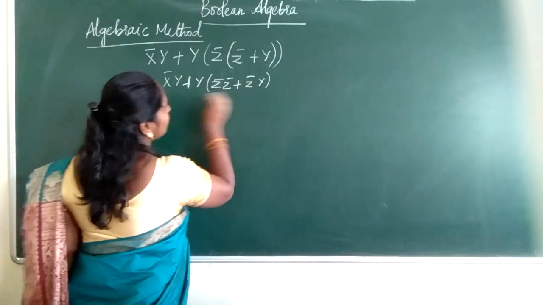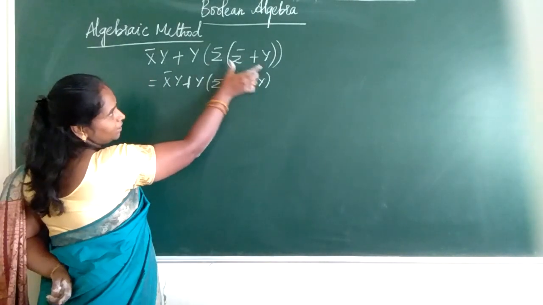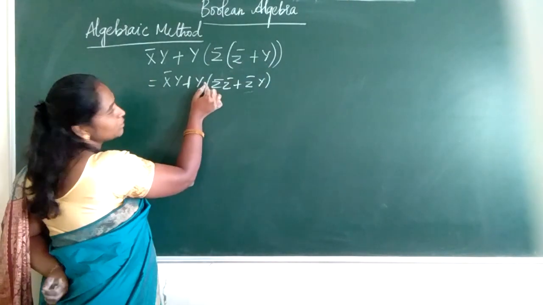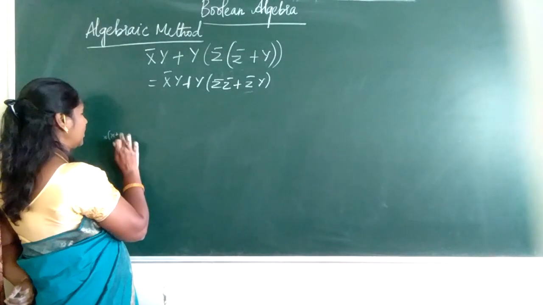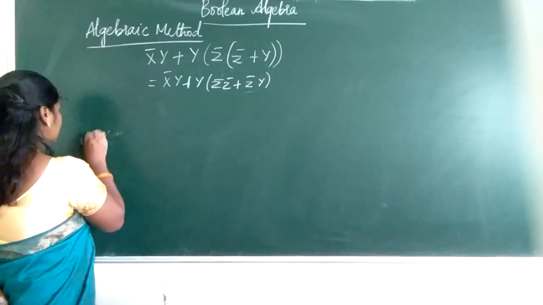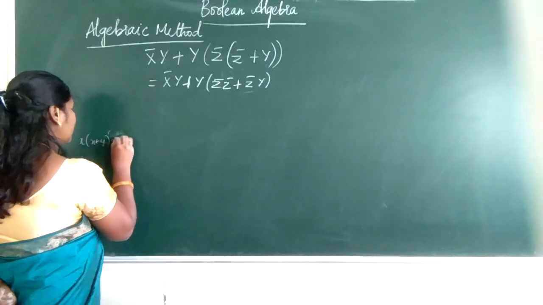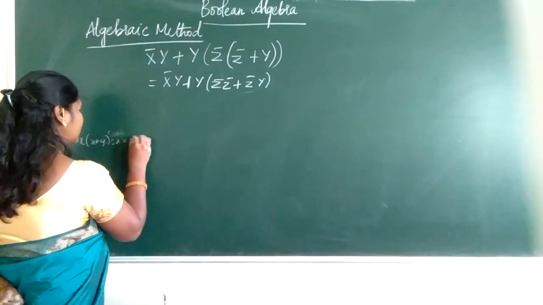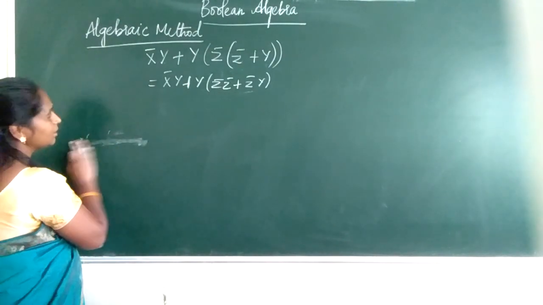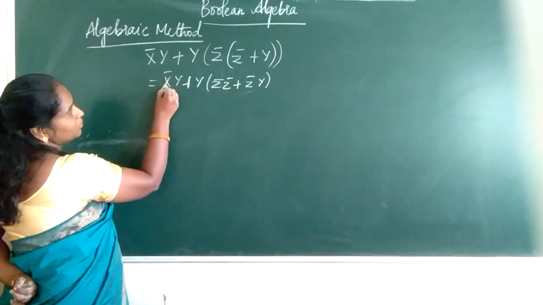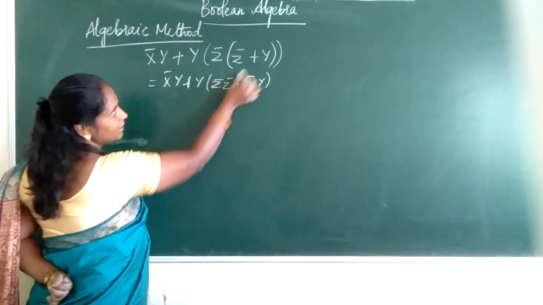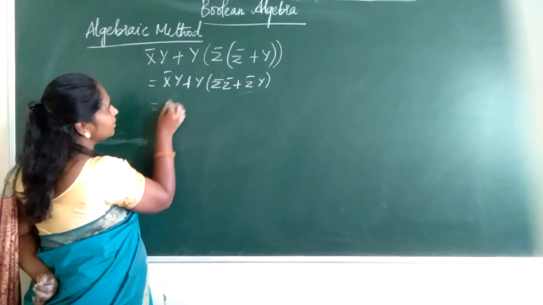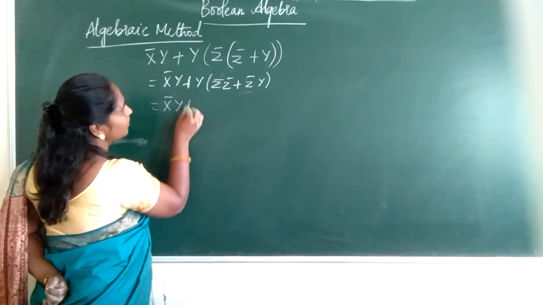So you have omitted one inner bracket. Using the distributive law, x into x plus y is xx plus xy. Using that law, I am multiplying z into z bar, z plus z bar y. So write this step: x bar y plus y.